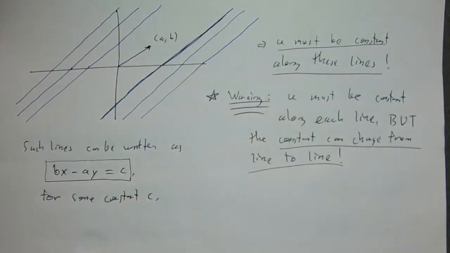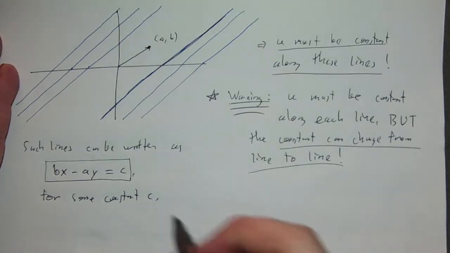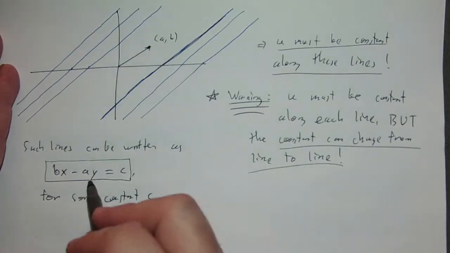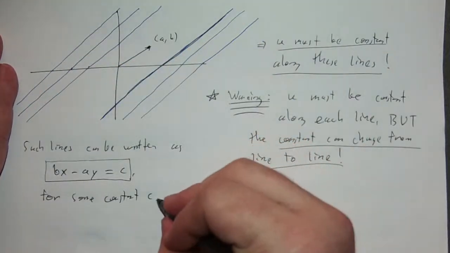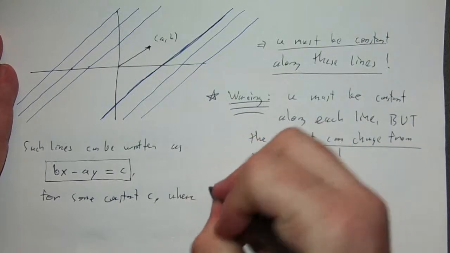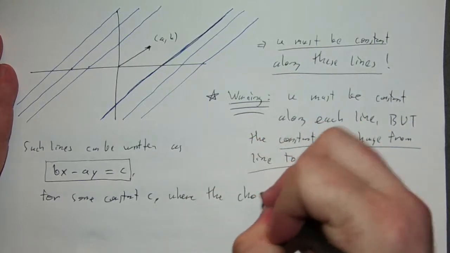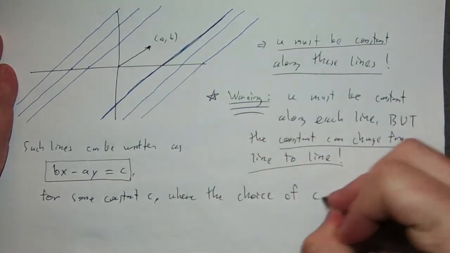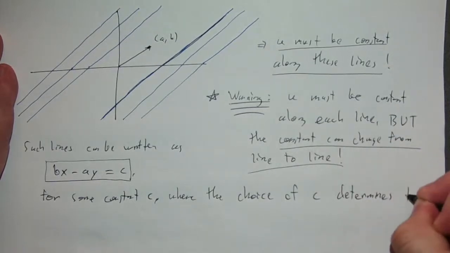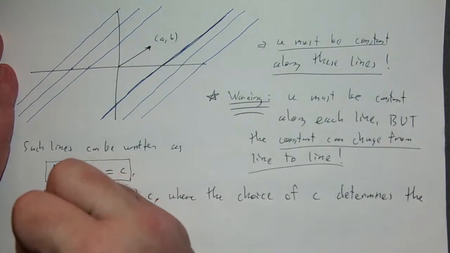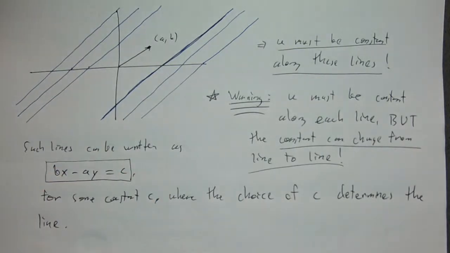So this choice of c determines the line. If I choose c, then this fixes the line here.